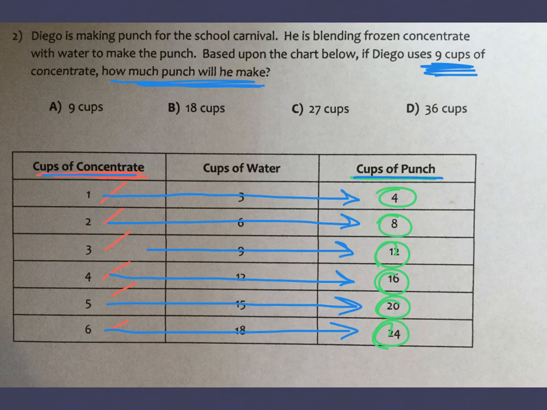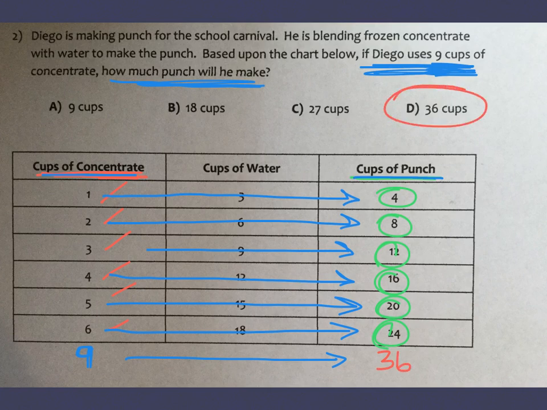So in the problem up above, it says if he uses 9 cups of concentrate, so if this was 9, then how many cups of punch would he make? It looks to me that if the relationship is times 4, he's going to make 36 cups of punch, which would be answer choice D. Now, I could also look at this and I could say, look at the 3 cups of concentrate. 3 cups of concentrate made 12 cups of punch.